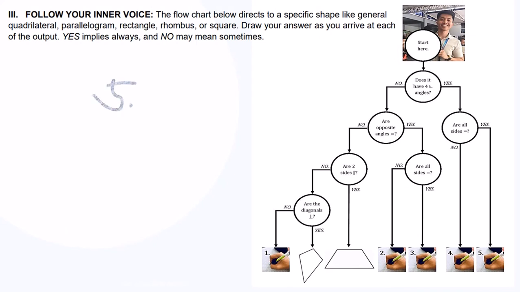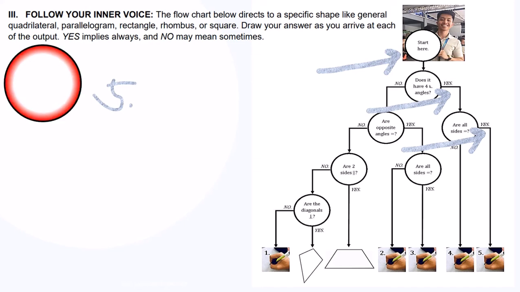Number 5. Start here. Does it have 4 right angles? If it is yes, are all sides equal? And if it is yes, the figure is, your timer starts now. And the correct answer is square.